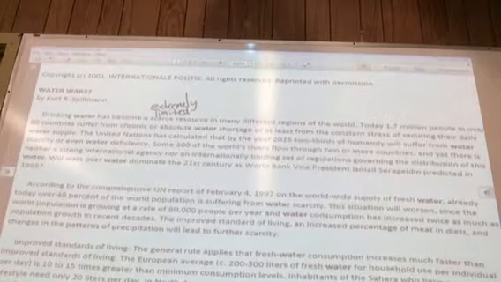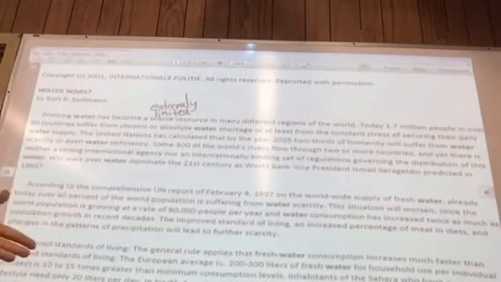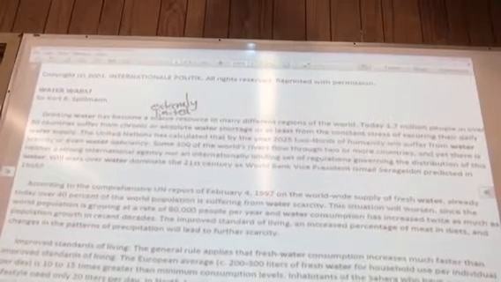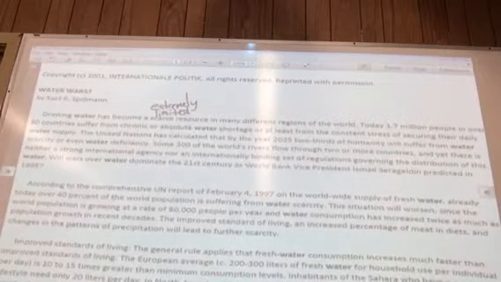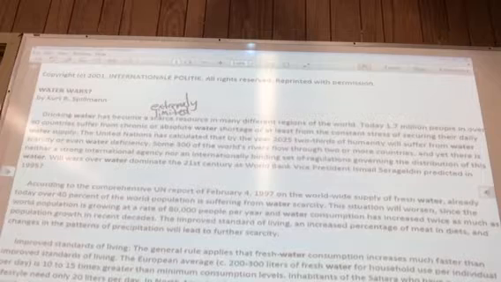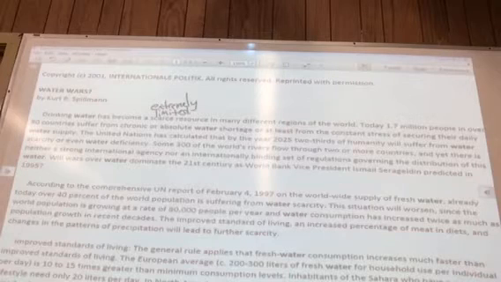Now that is the first sentence of this paragraph, which I should think in the back of my mind means this paragraph is going to be talking about how different areas of the world have a limited supply of drinking water, which is not good. So I might start looking at my questions. It's not telling me how much water is being overused. It's not so much talking about why they are using so much water.